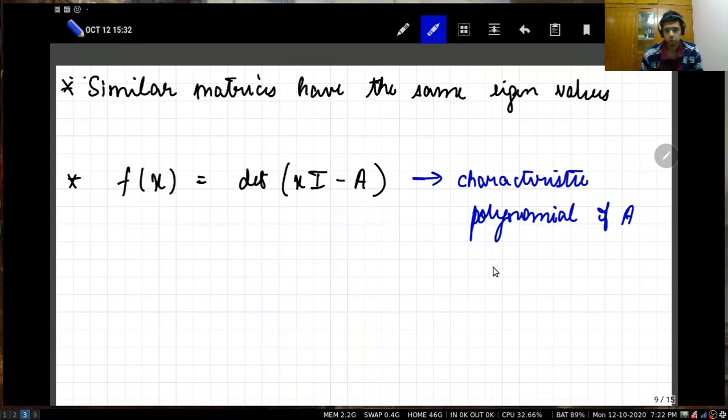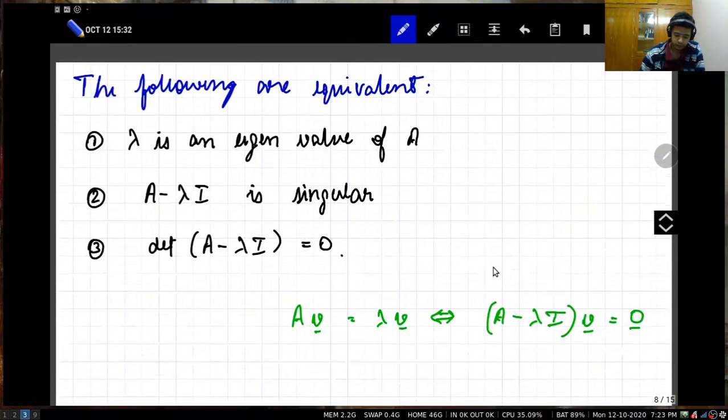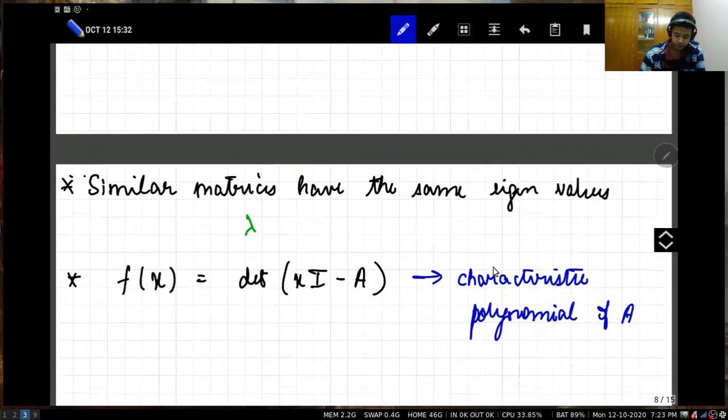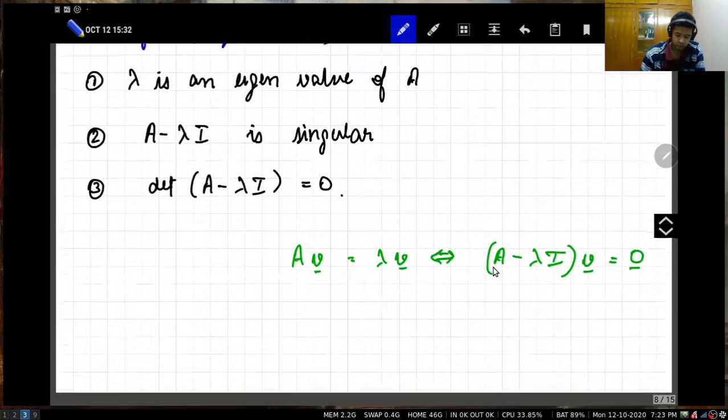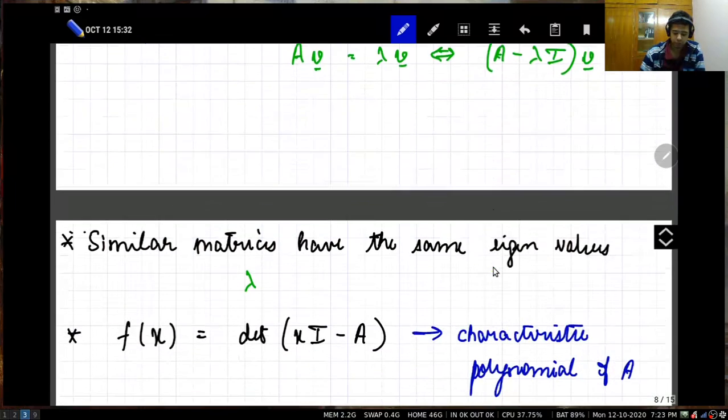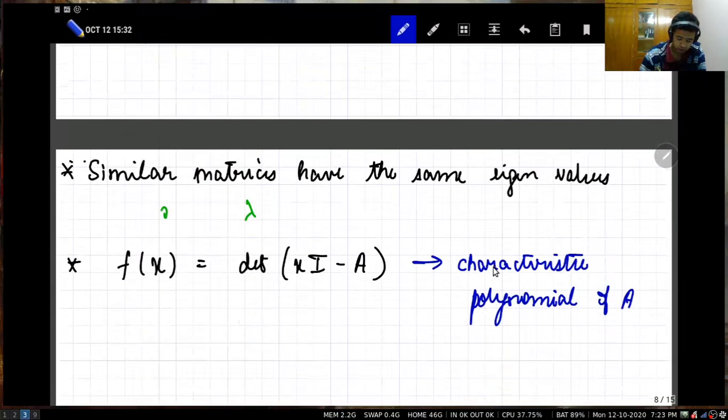And what we want to show is that if lambda is an eigenvalue of A, then it's also an eigenvalue of B. We know that lambda is an eigenvalue of A, and therefore, using the third property, the determinant of A minus lambda I is equal to 0, since lambda is an eigenvalue of A, right?